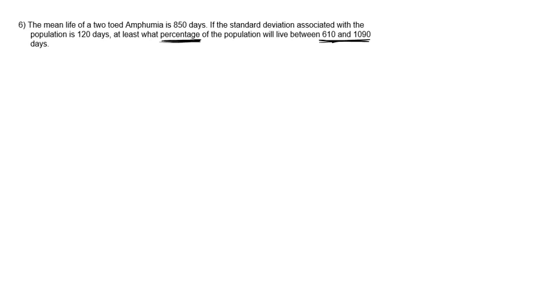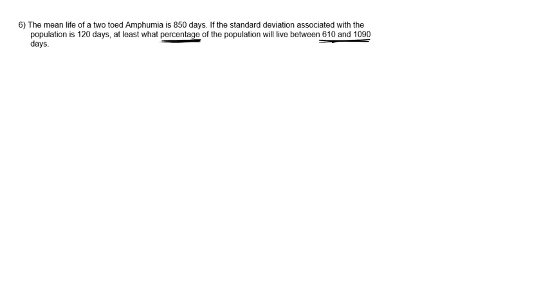The problem says nothing about normal distribution, because if it did, we would be working with the z-table. So this has to be between Chebyshev's and the empirical rule. Nothing about bell-shaped data is stated in the problem. So this is Chebyshev's. Okay?